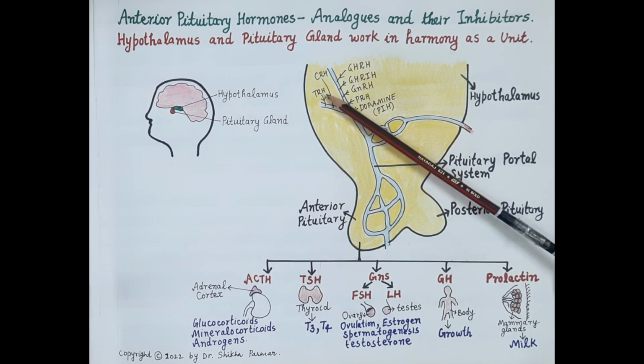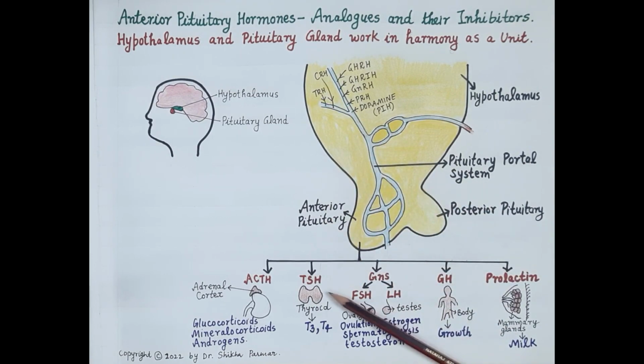Then thyroid releasing hormone, that is TRH, stimulates the release of thyroid stimulating hormone, that is TSH, and TSH further stimulates the thyroid gland to produce T3, that is triiodothyronine, and T4, that is thyroxine.